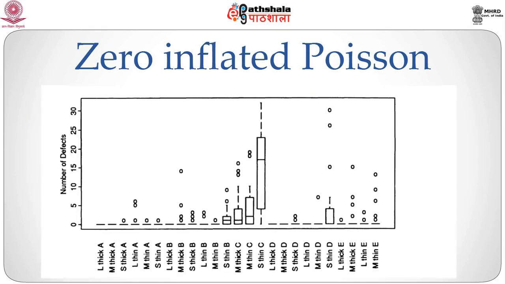So here is a plot of the raw data from the paper due to Lambert. This looks at printed wiring board data. Components are mounted on printed wiring boards, and the experiment was conducted at the AT&T Bell Laboratories and looked at 5 factors for their influence on solderability.